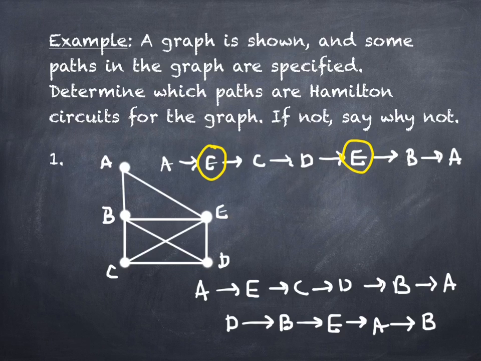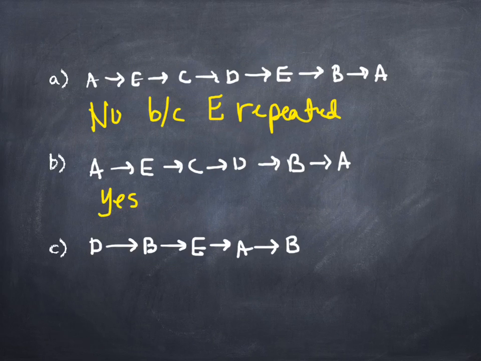E to A, yes. A to B. Yes. No. Okay, so everything I did was okay in the sense that I didn't have any erroneous things that didn't exist going on. But I didn't touch C. I didn't go to C. I forgot to go to Walmart. And I ran out of milk. This is a problem. Now I got to stop at Brahms or something. All right, so yeah, this one's not good.